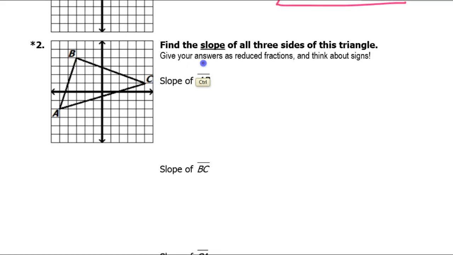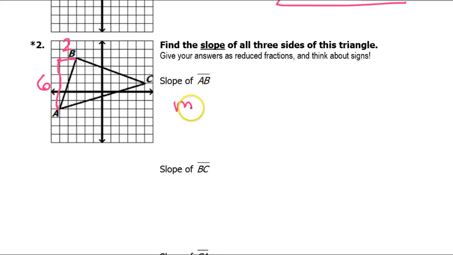So now, we're going to find the slope of all 3 of these sides. So if I want to find the slope of AB, I'm going to make a triangle out of this and consider the rise and the run. So this vertical portion seems to be 6, okay, and the horizontal portion is 2.